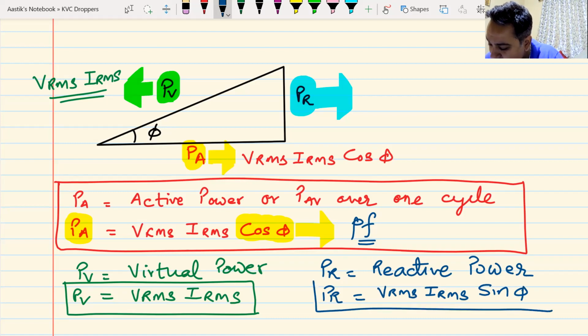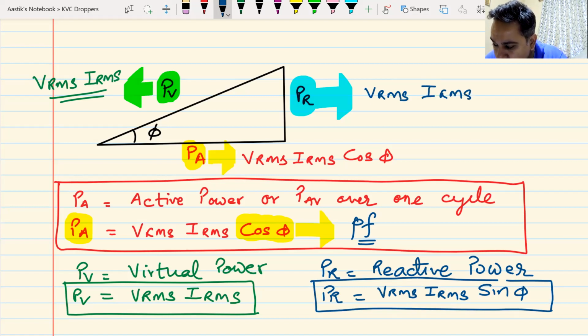This is my reactive power. No one is going to ask you this, but this is for you to understand.